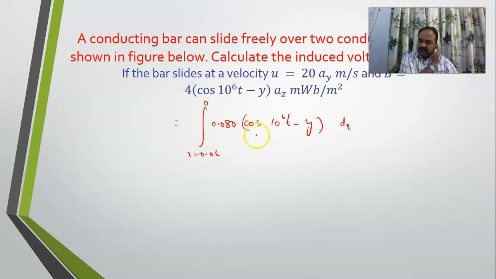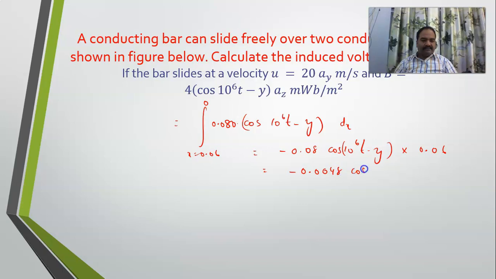There is no x component here, so I'll directly get the same thing. So again I'll get 0.08 cos 10 power 60 minus y into 0.06. I'll get a minus value, that's it. So this is somewhere around minus 0.0048. This is the expression. This is the EMF for the second case.